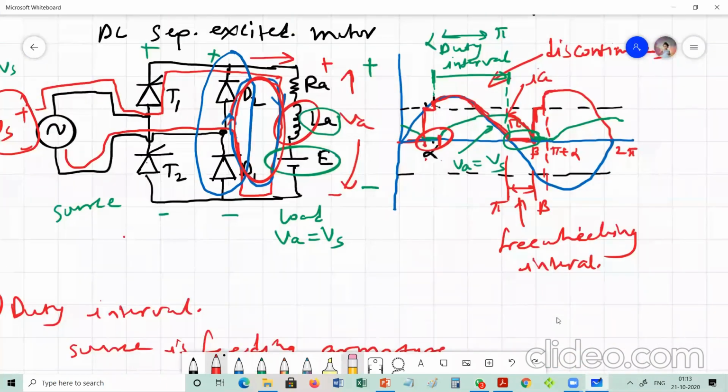You can observe here, this part is the zero current interval. It ranges from beta to pi plus alpha.